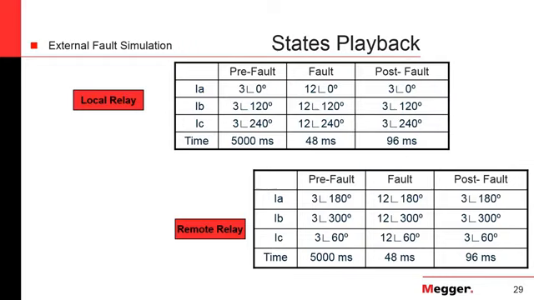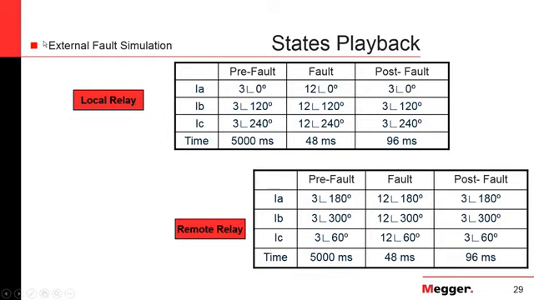Now, the faulty state would be the moment when a fault hits the system, and then the post-fault is what happens after such fault was cleared by the protection system.